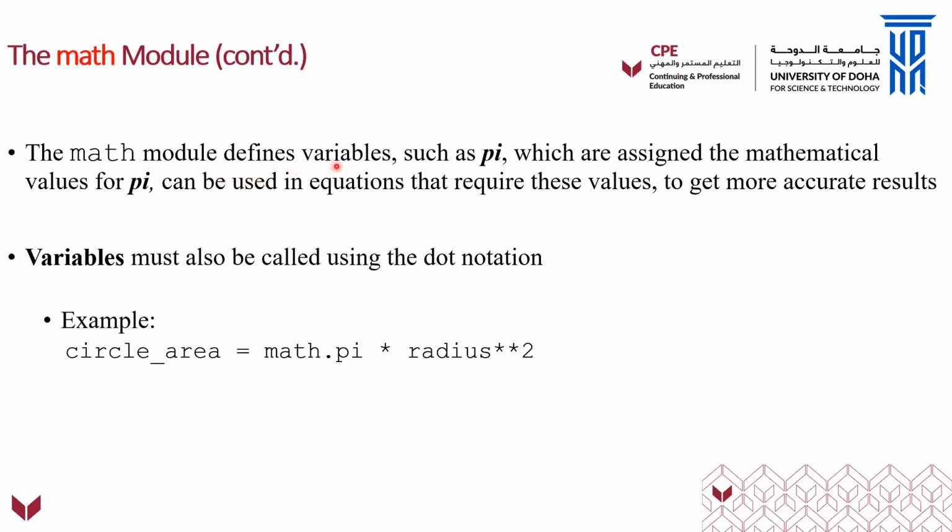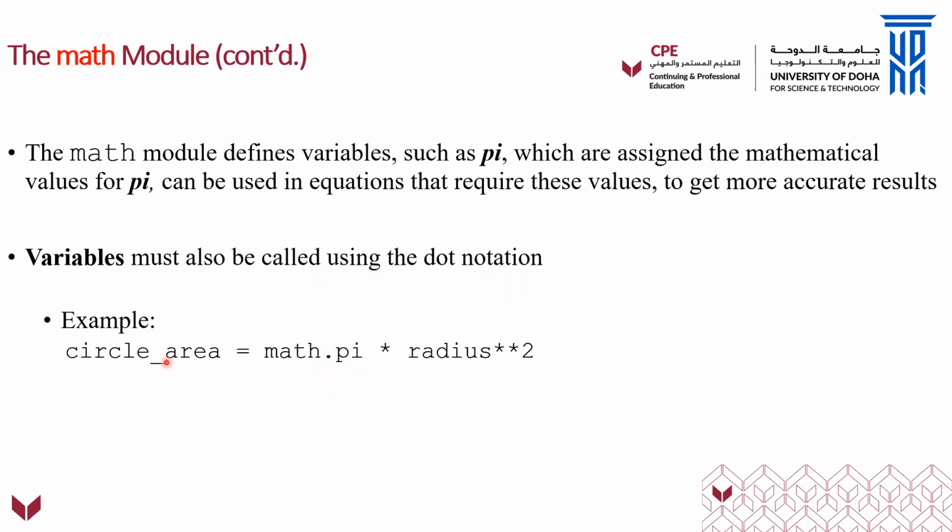The math module defines variables such as pi, which are assigned the mathematical values of pi, and can be used in equations that require these values to get more accurate results. The variables must also be called using the dot notation.